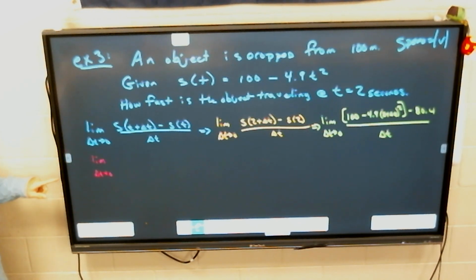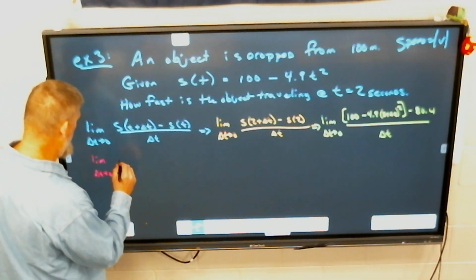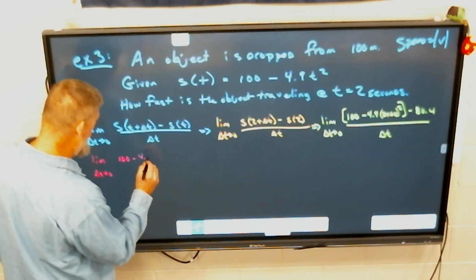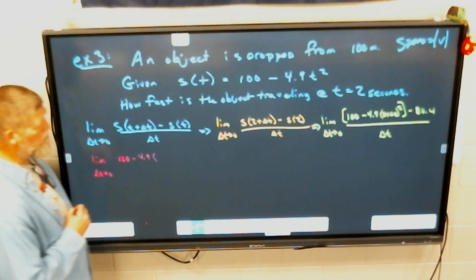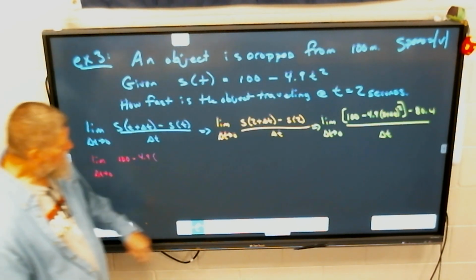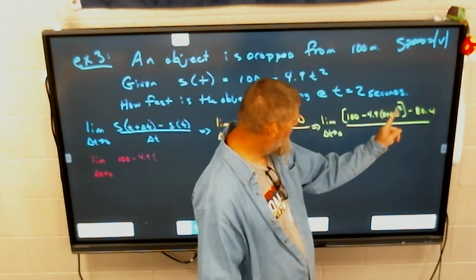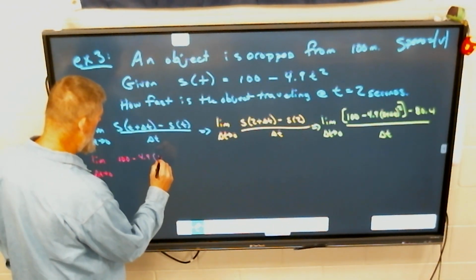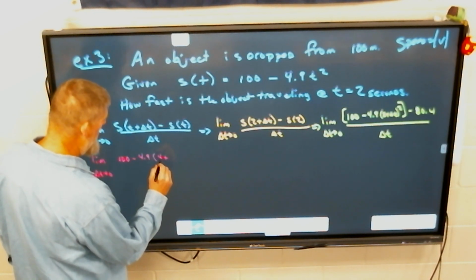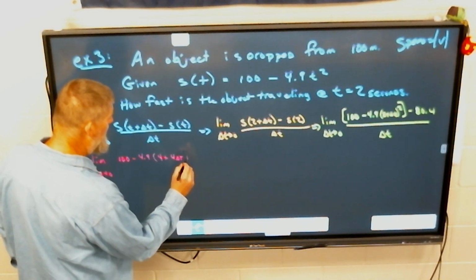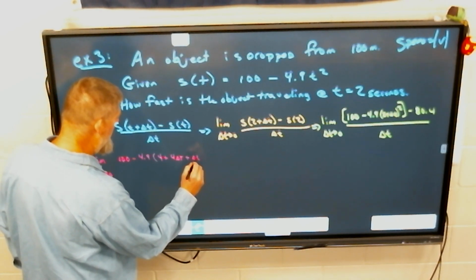Okay. So then I have 100 minus 4.9 times 2 plus delta t squared. What is 2 plus delta t squared? I got 4 plus 2 delta t plus delta t squared plus 2 delta t. So 4 plus 4 delta t plus delta t squared, right?